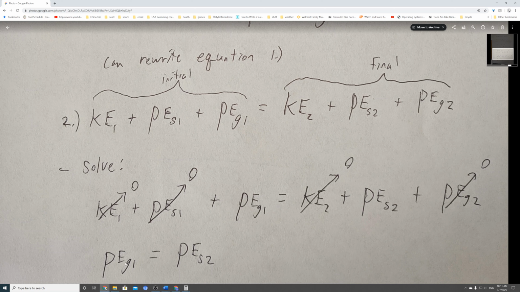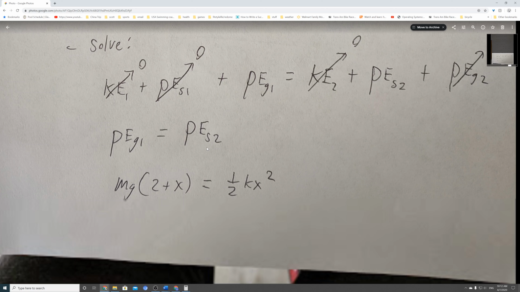So our equation becomes this. Here's the part due to the weight, and here's the part due to the spring. Okay, so what we're going to do is our h now becomes just 2 plus x, and x is how far compressed. The 2 is the 2 meters that was given.